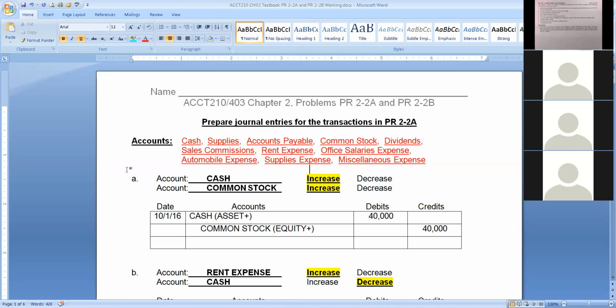We're going to use the cash and the sales commissions. Yes, good. So cash and sales commissions. Now the sales commissions is really a revenue account. Anytime you see sales, it's the same thing as a revenue. But yeah, cash and the sales commissions, those two.